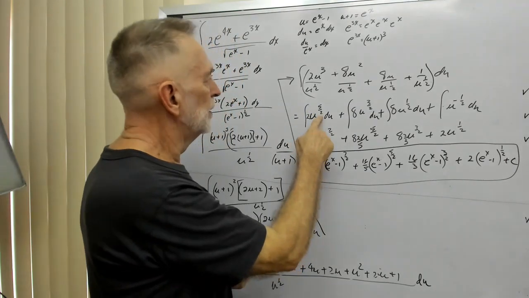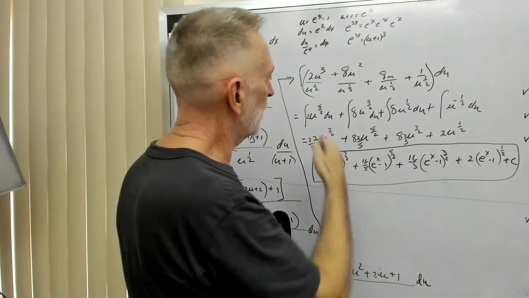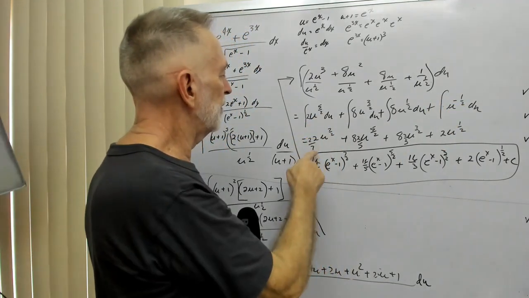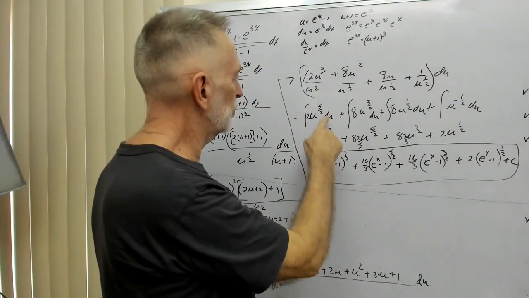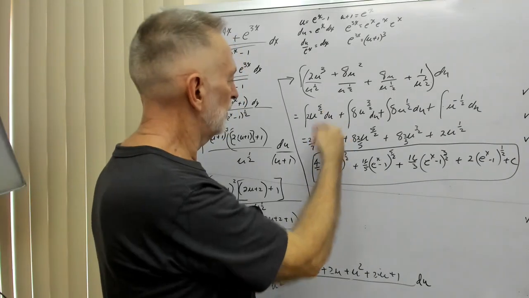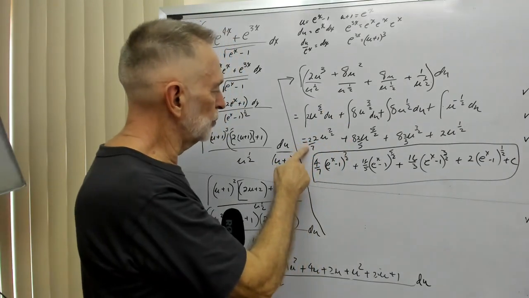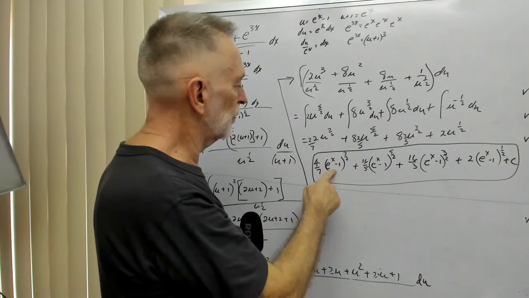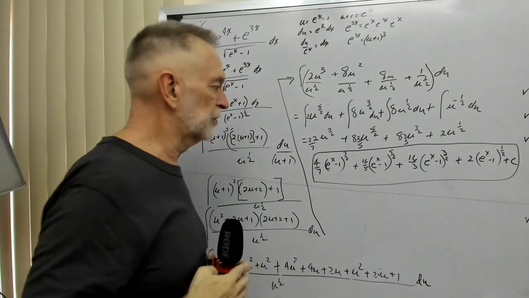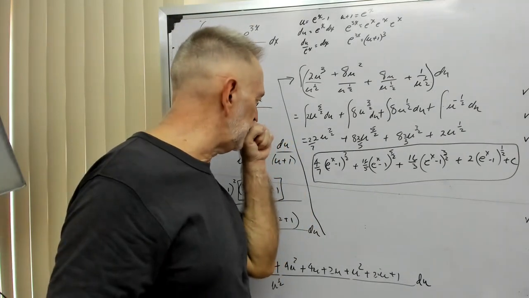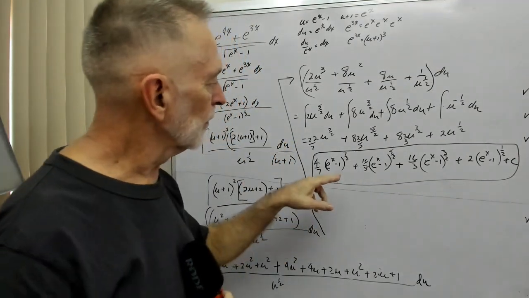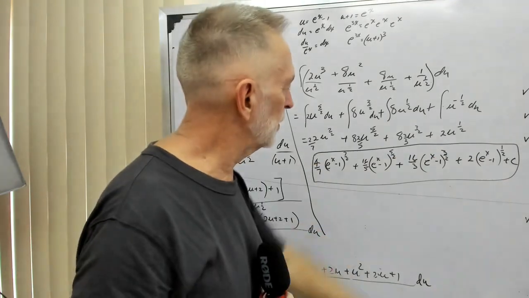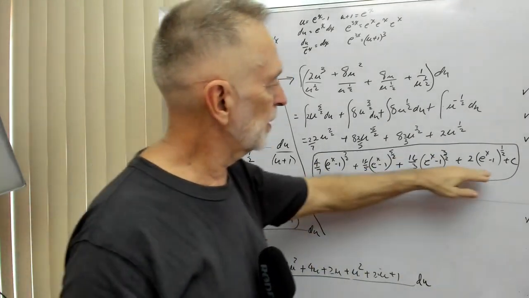And I go through that same scenario with each one, and then I integrate 2u to the 5/2, which gives me 2u to the 7/2 multiplied by 2/7, which gives me 4/7 u, which was e to the x minus 1, to the 7/2. So if we go through that same integration on each one, you end up with this term here.